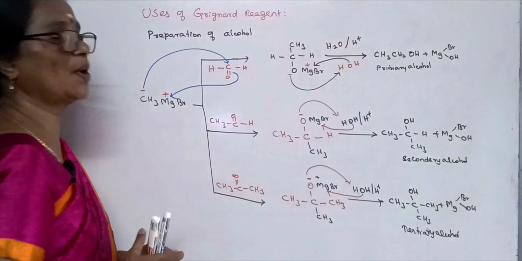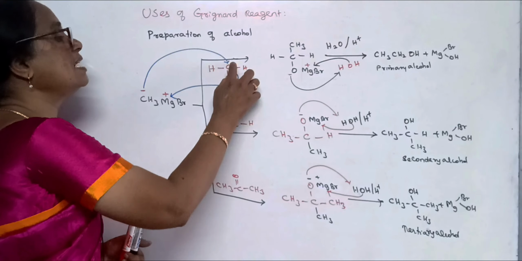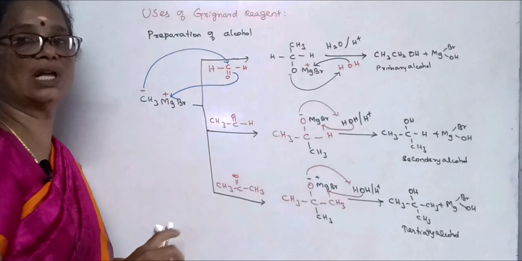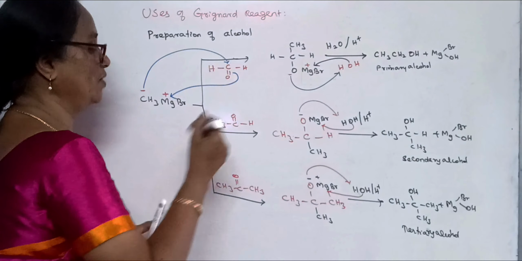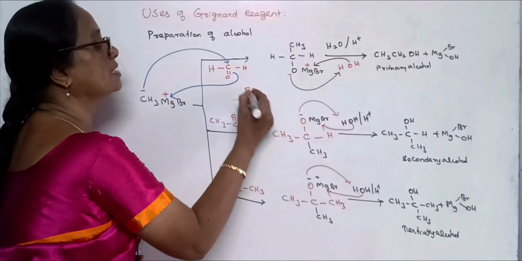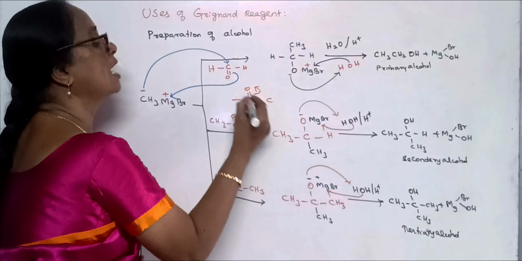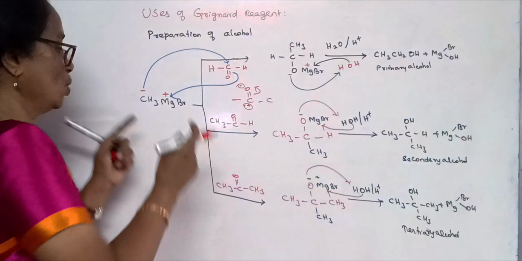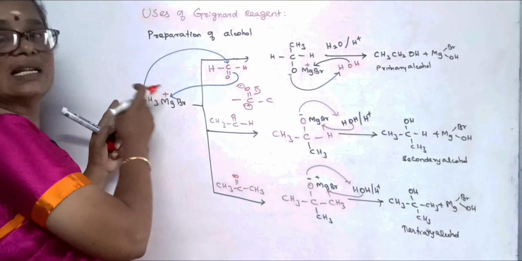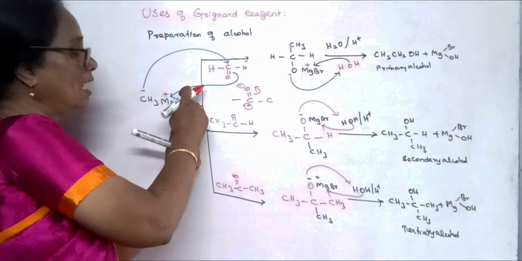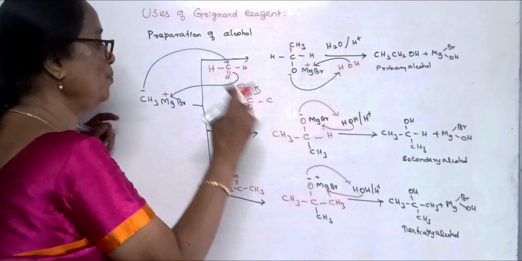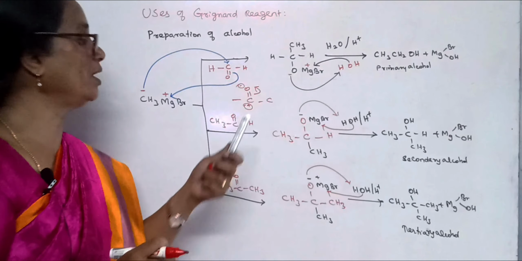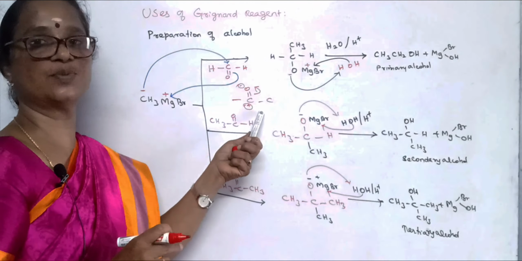In the carbonyl group, the oxygen is more electronegative than carbon, so oxygen can withdraw the electrons like this, and hence it produces a partial positive and negative charge. So this Grignard reagent, as its alkyl radical and the metallic halide, can be added between the carbon and oxygen. So here an addition reaction takes place.